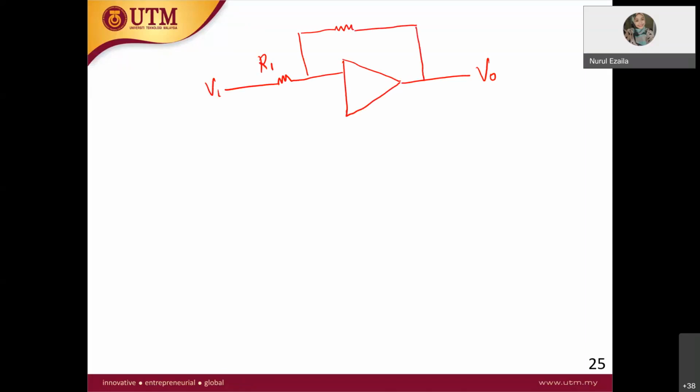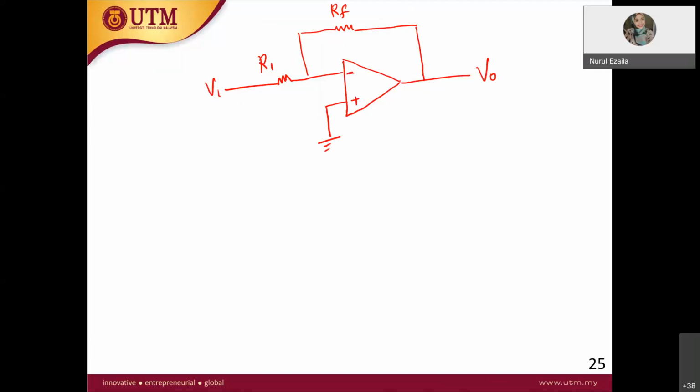For this case, I want to put this as a feedback resistor. This is minus, this is plus to the ground. So that's it. The key to solve this is two things.